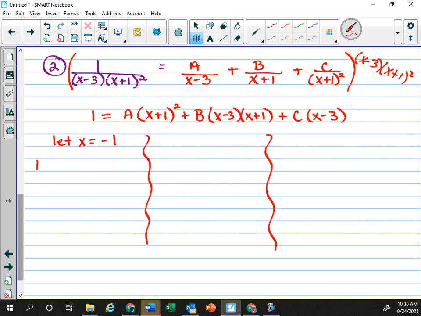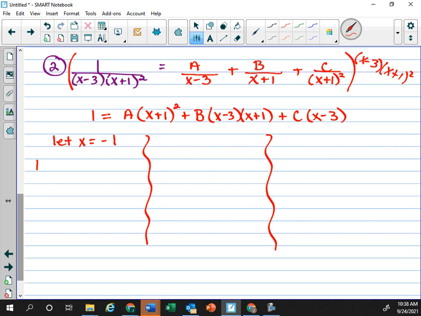Now, guys, if there had been x's in this numerator, and I have x's over here, you'd have to plug that -1 in over there. We just don't have any x's on that side this time. And then -1 in here, this is all gone. -1 here, this is all gone. So all I have left is the c.